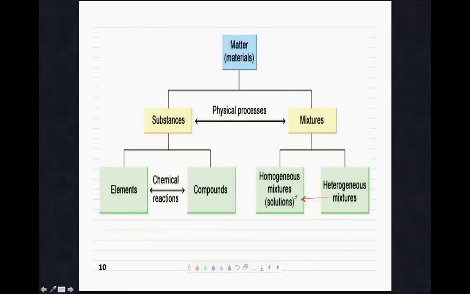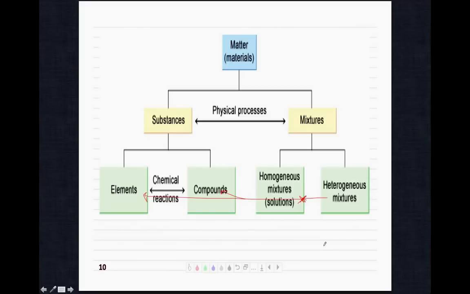One of them is what Jacob just did for the iron pieces. He used a magnet to separate them, and using the magnet to separate the two implies you did a physical process. The iron is still iron, the sugar is still sugar, no change in the chemistry of both of these. You just separate them from each other, and this is the physical process.